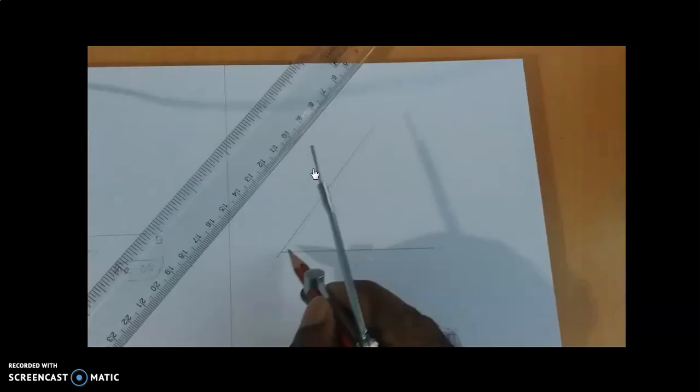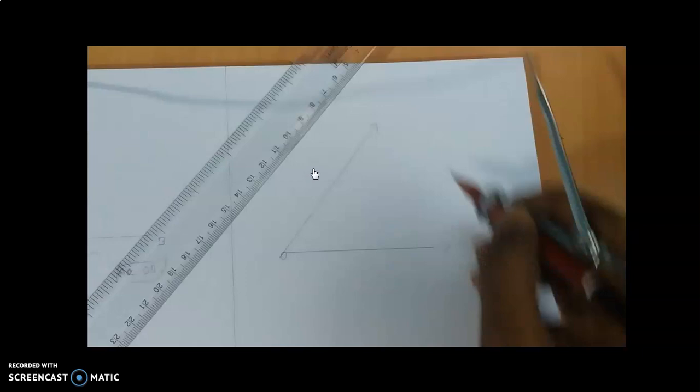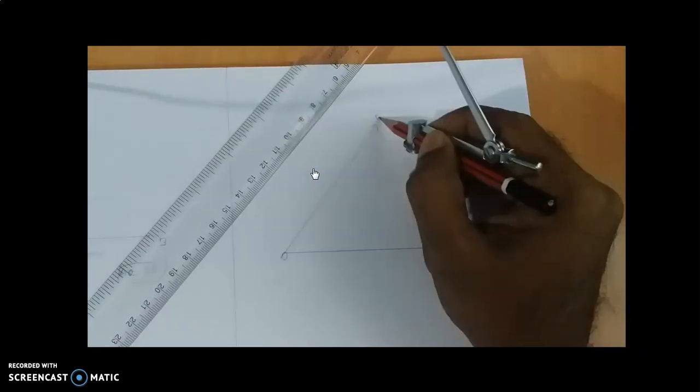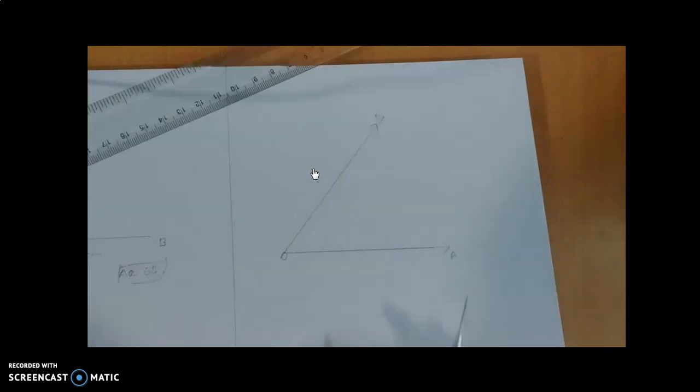Now this is one of the angles. Let us take this as O, this ray as OA, and this ray as OB. Now I'm going to bisect this angle into two equal parts. It may be any measurement, but I'm going to bisect this angle, like a bisector of the line segment.